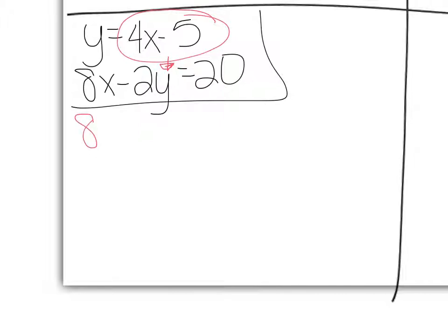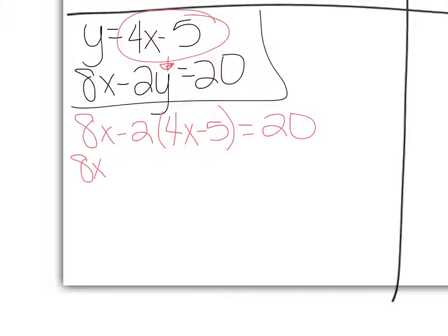So we have 8x minus 2. Now I'm going to really stress the use of parentheses because since I'm substituting in a quantity, they're going to be very important. So I'm going to put whatever I'm substituting in parentheses because what do you notice? What am I going to have to do? I'm going to have to distribute.